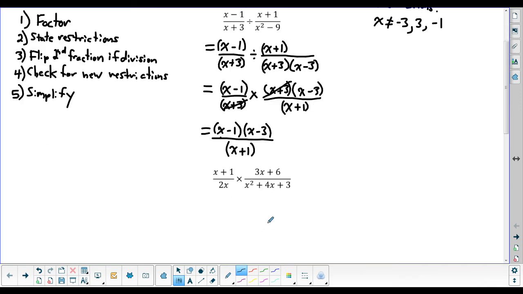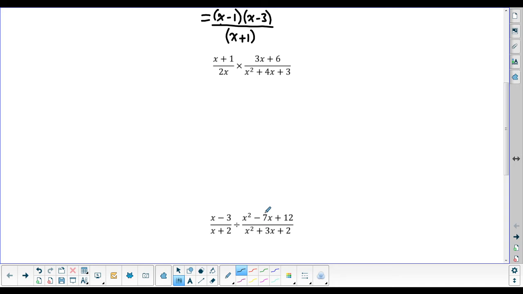Okay, let's try another one here. So once again, our first step is to factor. So let's start factoring. I think that left fraction looks fine. 2x. Let me put brackets around that. Okay, the top here, can we factor that?